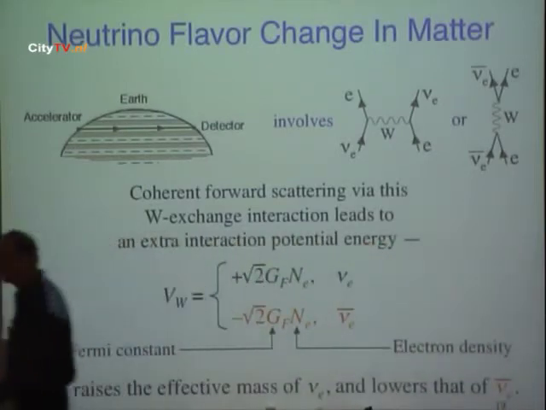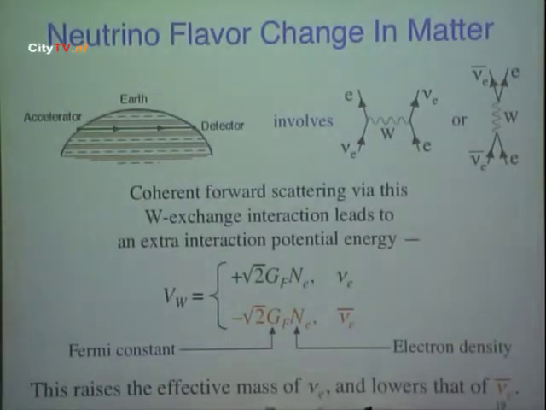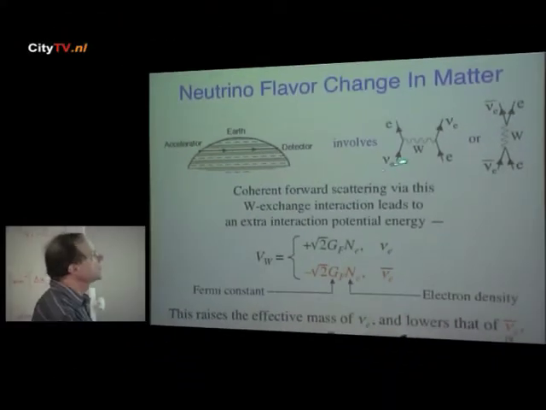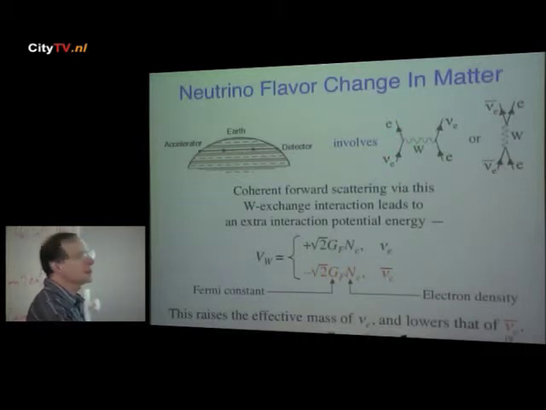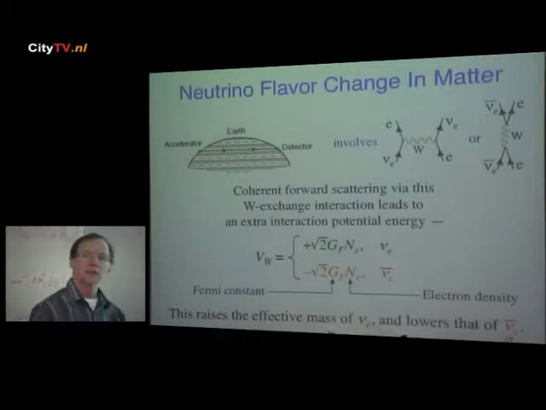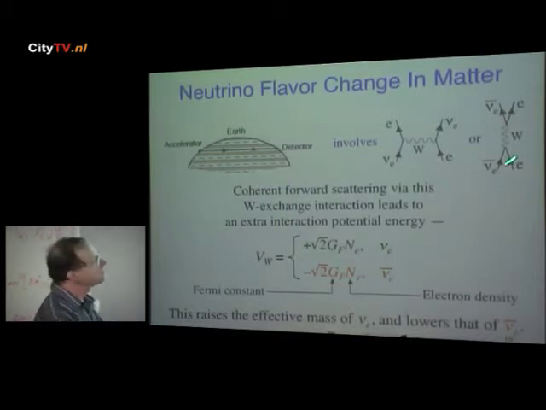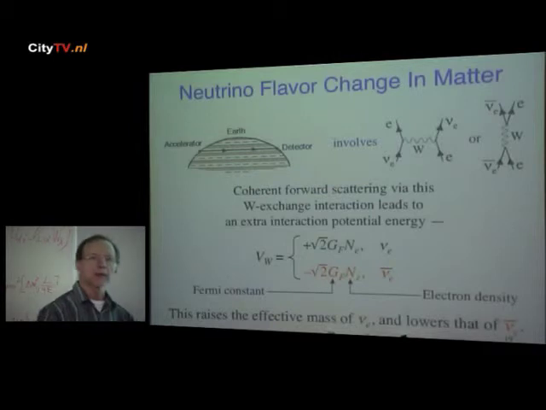Now, on the way, they will encounter electrons, lots of them. If the beam is neutrinos as opposed to antineutrinos, the nu E component in that beam can exchange a W with an electron in the matter like this. If what's going down the beamline is antineutrinos, then the nu E bar component can make this diagram, again exchanging a W, this time in this channel rather than that one, with an electron in the matter.